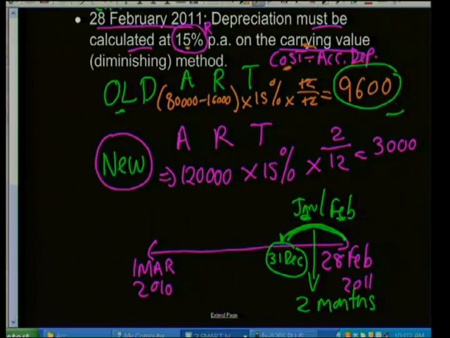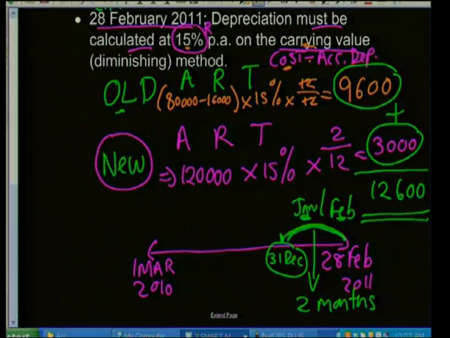I'm simply going to add the 3,000 to get my total depreciation, an amount of 12,600. So that's my total depreciation for this financial year, the old plus the new.